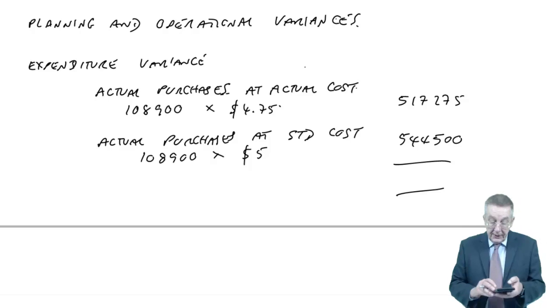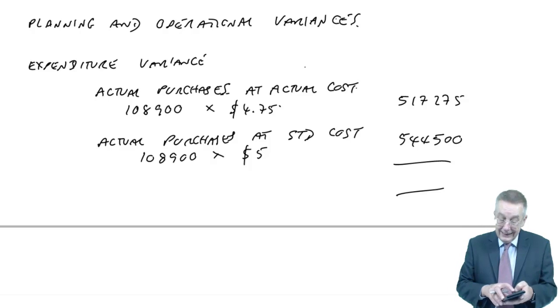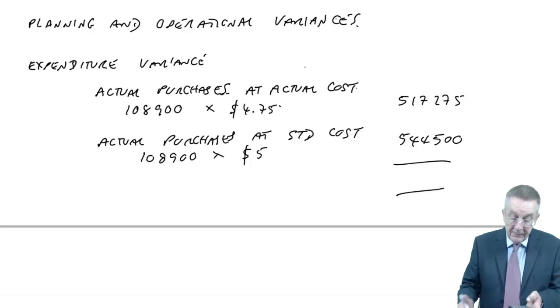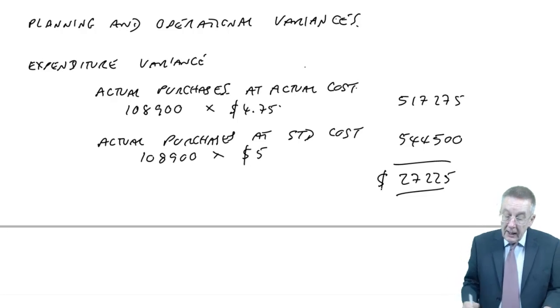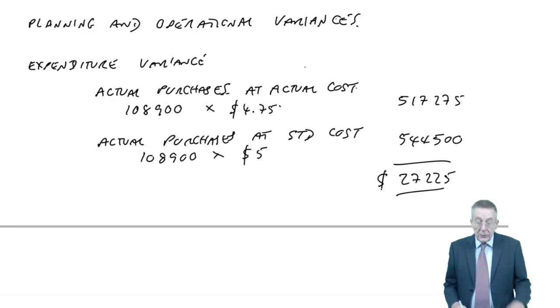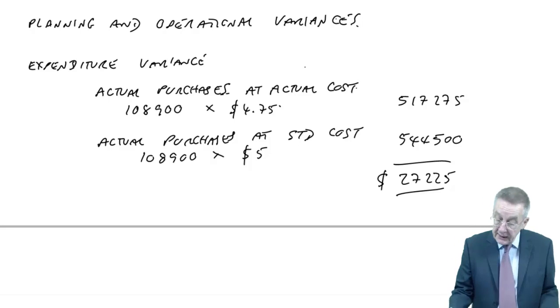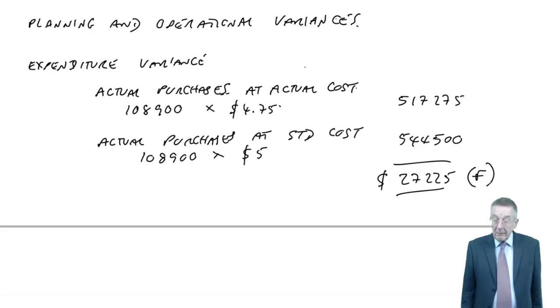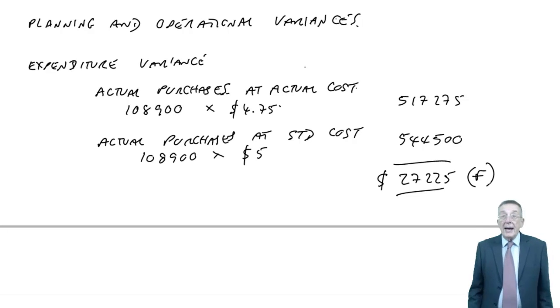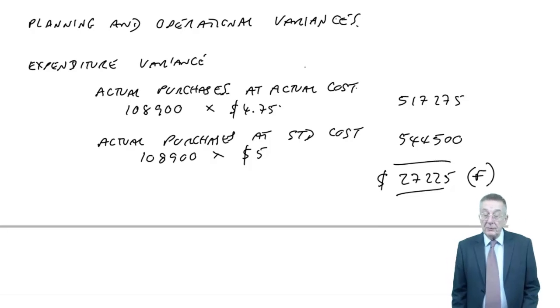And so the variance, the difference, is 27,225. And is it favourable or adverse? We paid less than we were expecting to. It's a favourable variance. So nothing new there. That's exactly paper F2 variances.